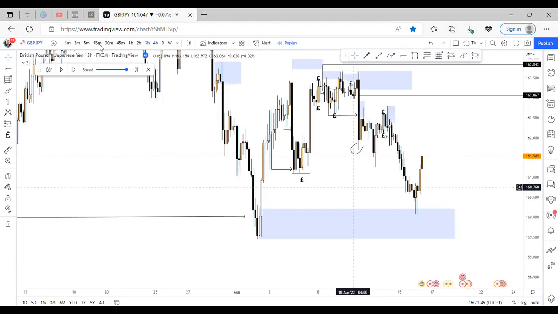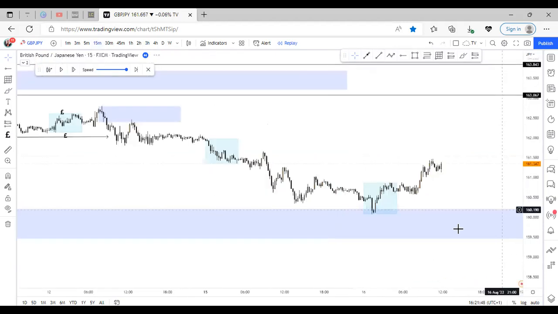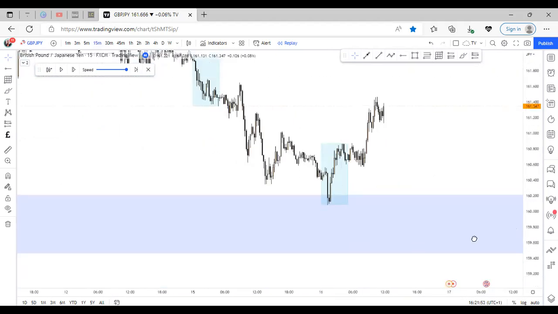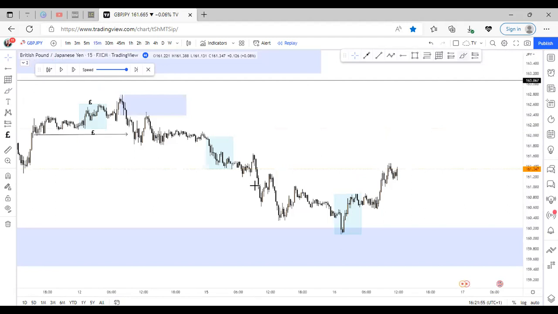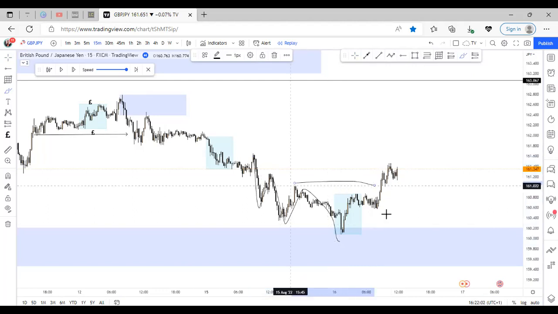We didn't get that lower time frame confirmation entry. If we mark out the structure down here, you can see that when this lower high was taken out, the market pushed up and didn't return.